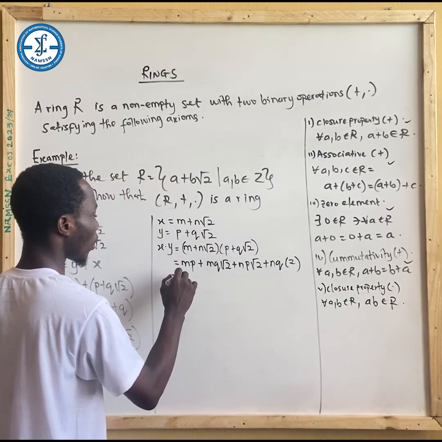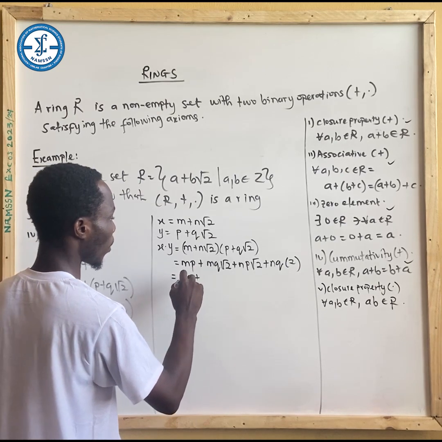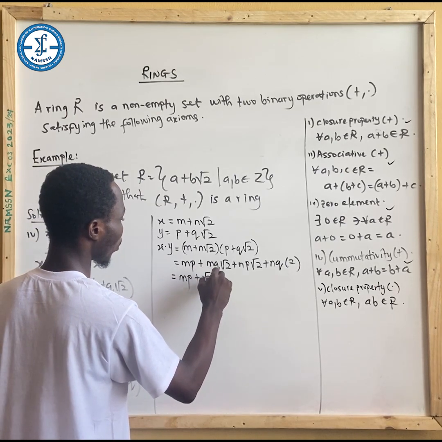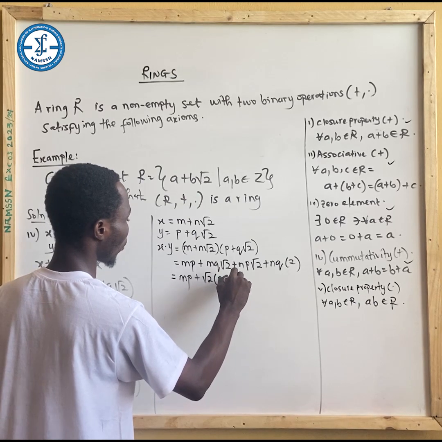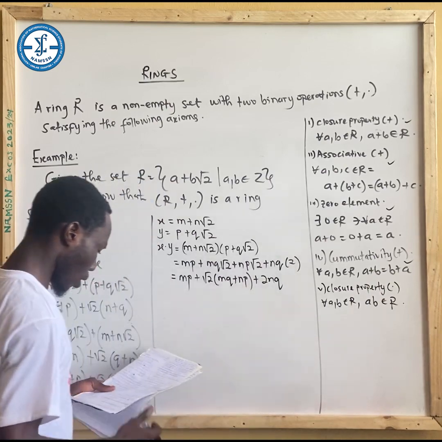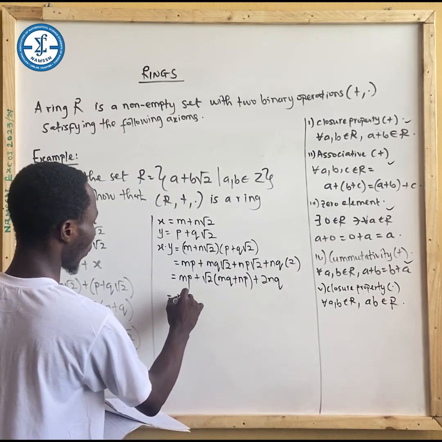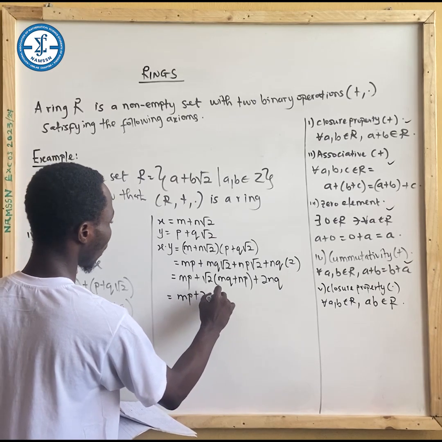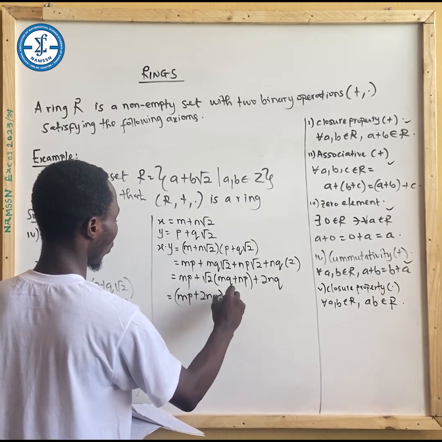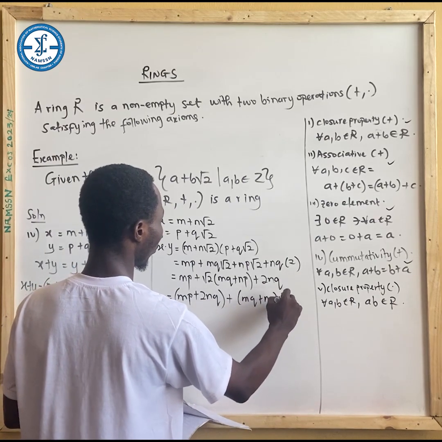So you have mp plus 2nq plus mq plus np root 2.